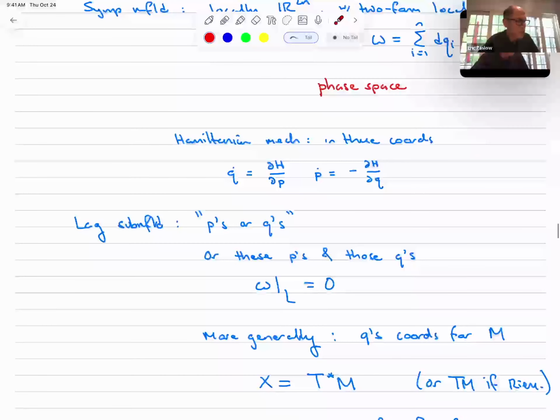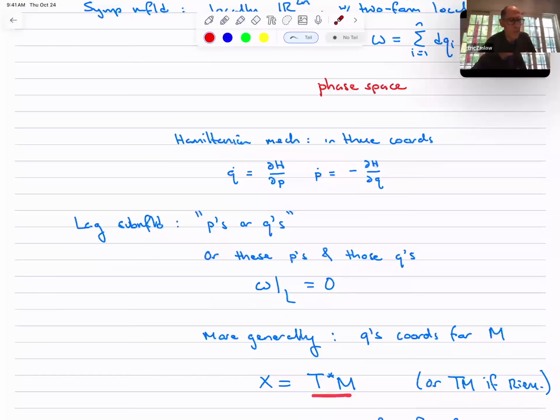As I said, more generally, the Q's could be coordinates in some space, and the P's are linear coordinates for each given Q, namely the possible momenta at that point. That describes the phase space where you constrain the positions to lie on some manifold M. We know what a manifold is.